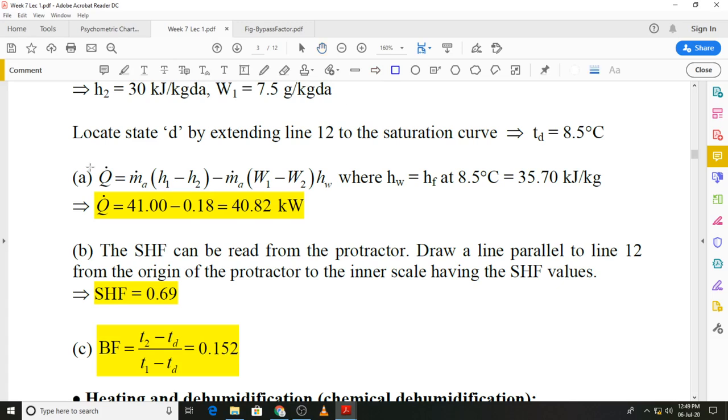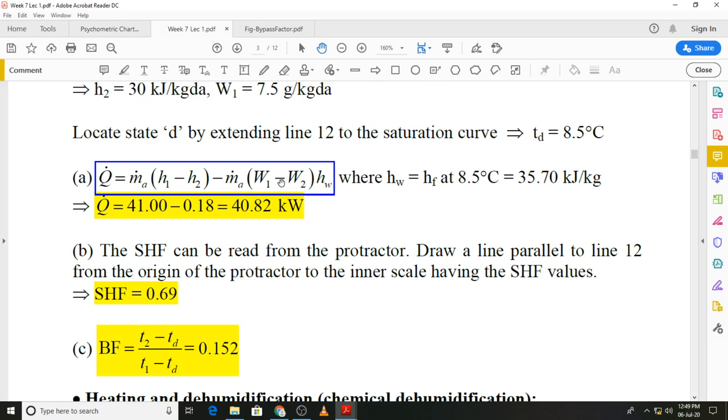In this equation, as I mentioned earlier, usually the first term is quite large and the second one is small, and we can almost approximate Q dot by m dot A into (H1 minus H2). But to emphasize that the relative magnitudes of the two terms are quite different, we will use the full expression.